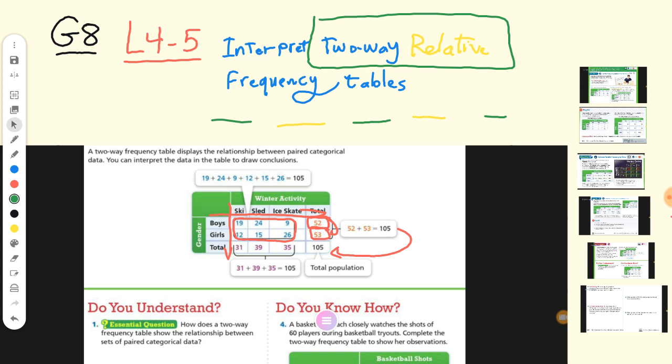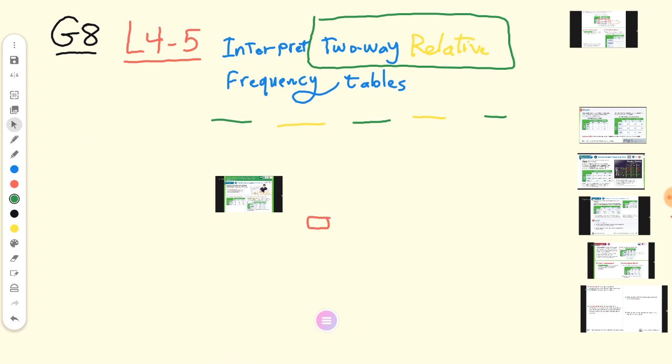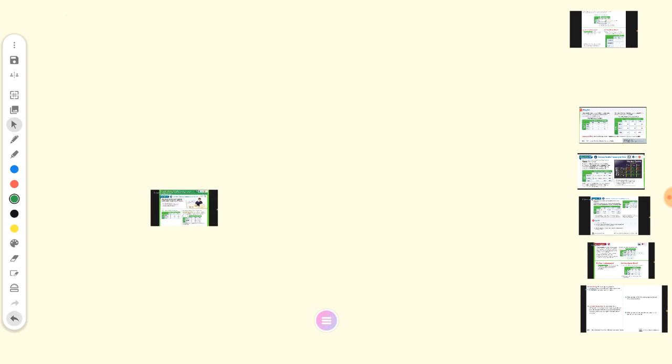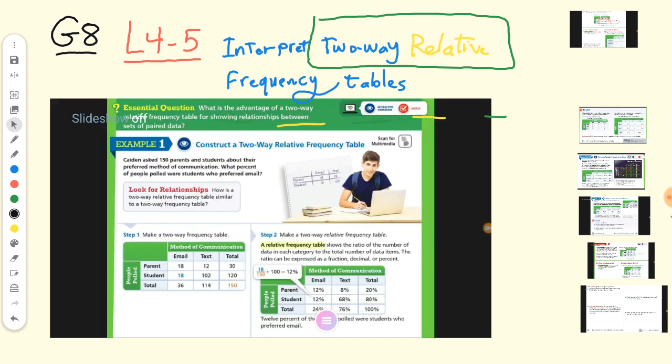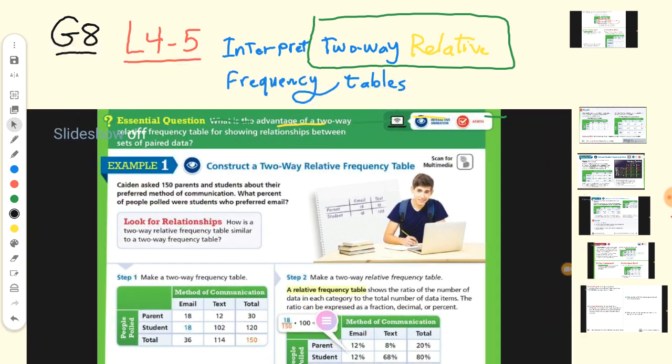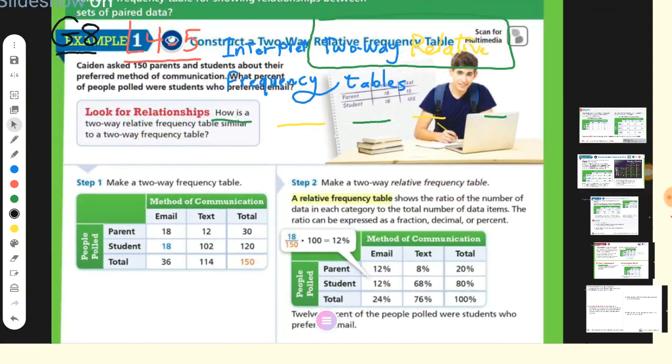So we will discuss it. An example of it: if I have a table like this one in the example, we will construct a table like this one. We will make a survey of 150 parents and students. So the total of parents and students is 150.